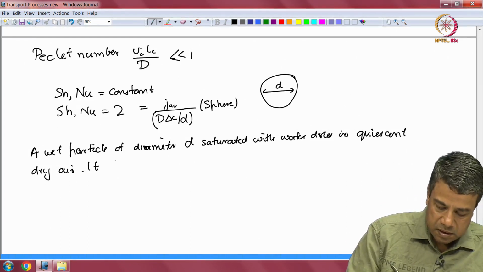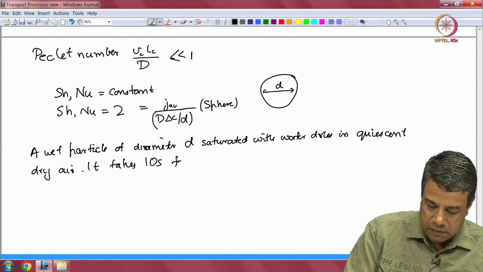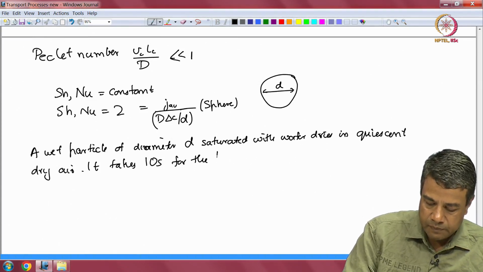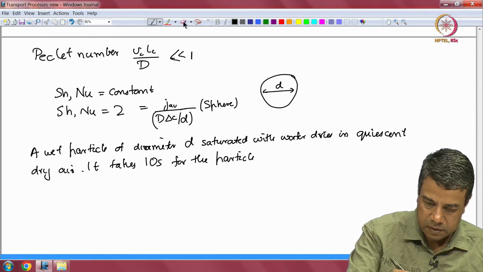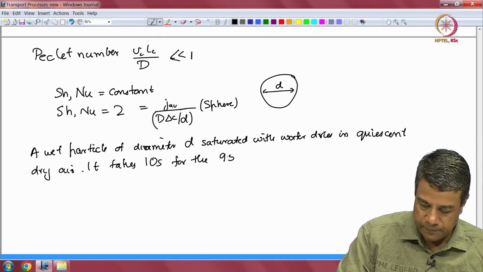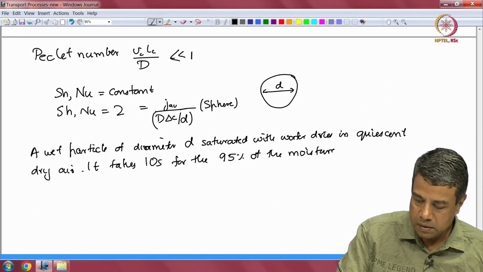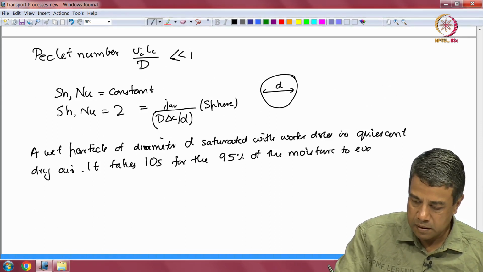It takes 10 seconds for the particle of the moisture to evaporate.